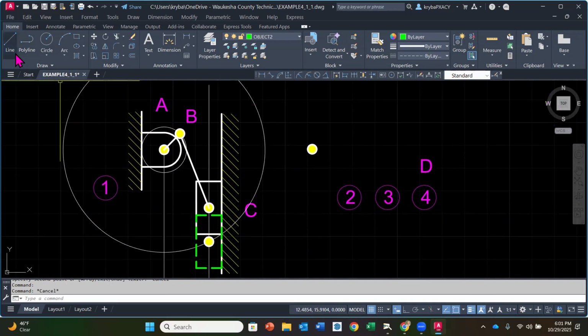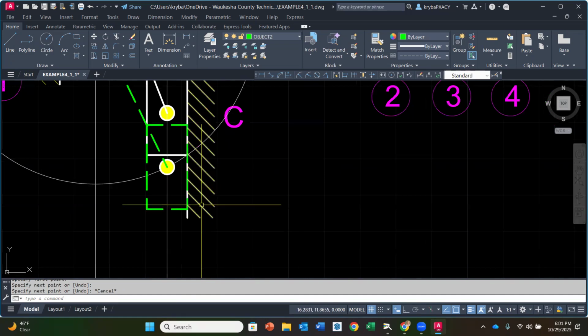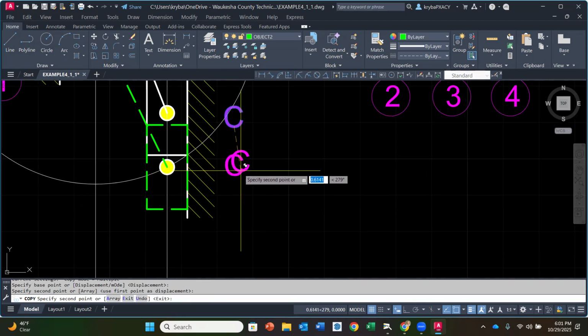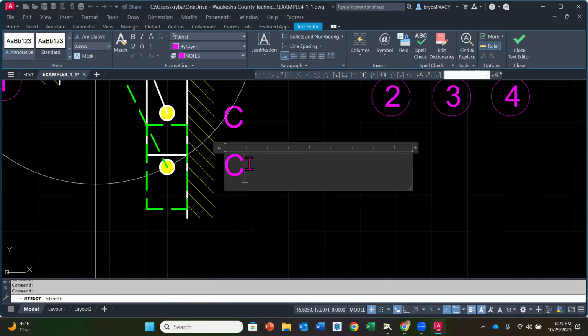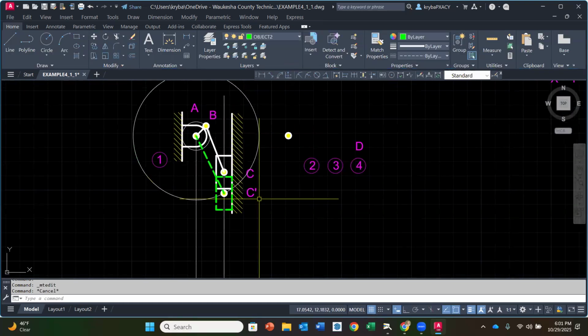And then we are going to draw a line going directly from joint A all the way down to the new position of C. This new position of C, I'm going to copy C down, and that is going to be C prime. So C is just kind of an intermediate inside the cycle point. C prime is going to be the furthest down point.